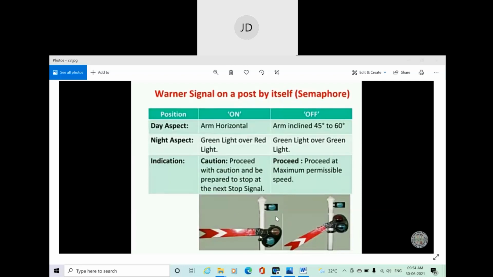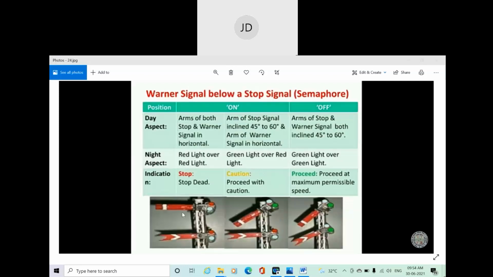And next, here you can see the second type of installation, where a stop signal and warner signal are installed together, but the stop signal is installed above the warner signal basically. Is it clear to you? At least the position of this particular warner and stop signal.